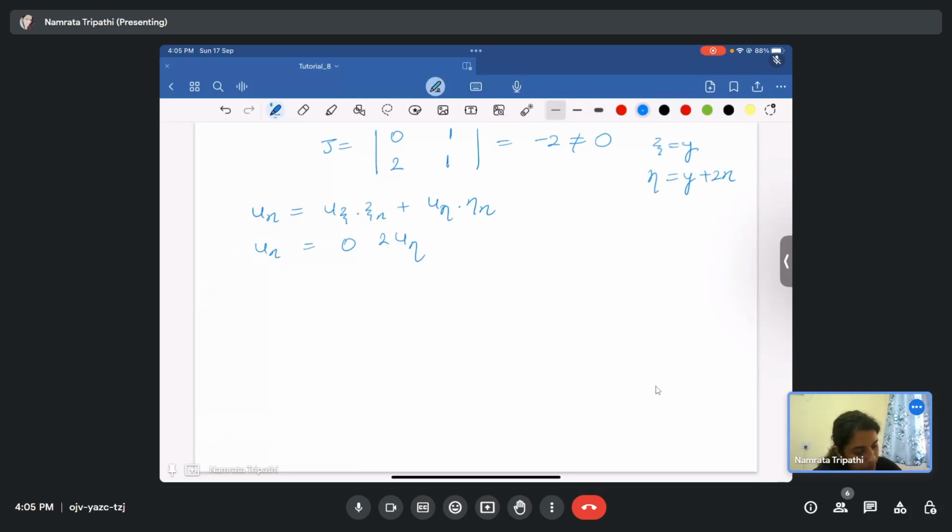Differentiating again, or you can use the formula also, the value of the expression is 0.